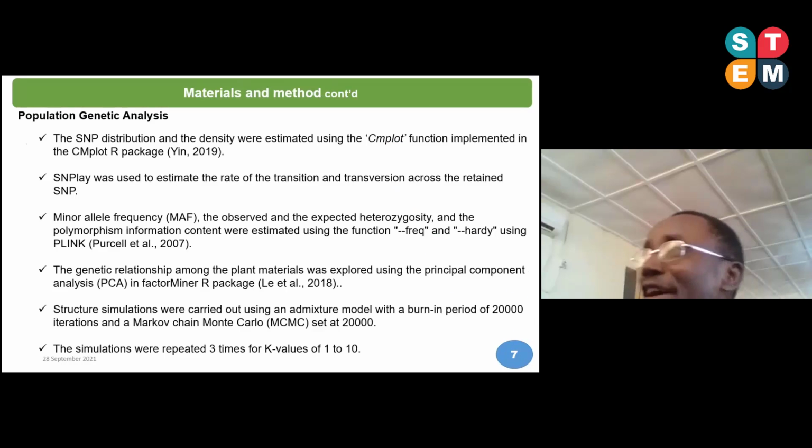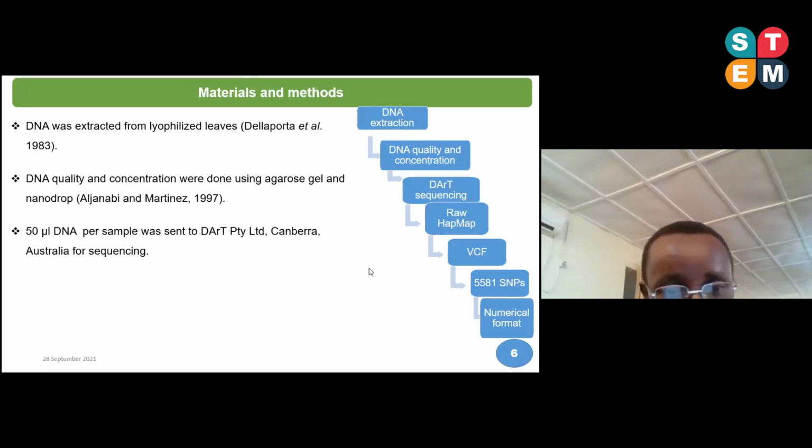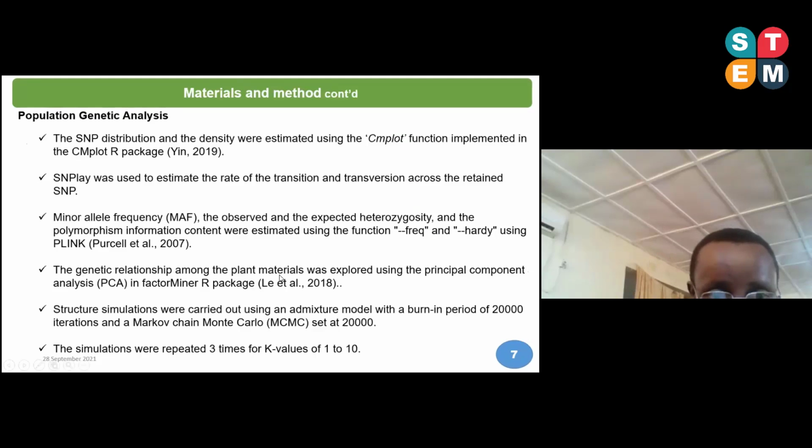So of the 20,000 SNPs that we obtained, about 5,581 useful ones we actually used, those with useful SNP information.